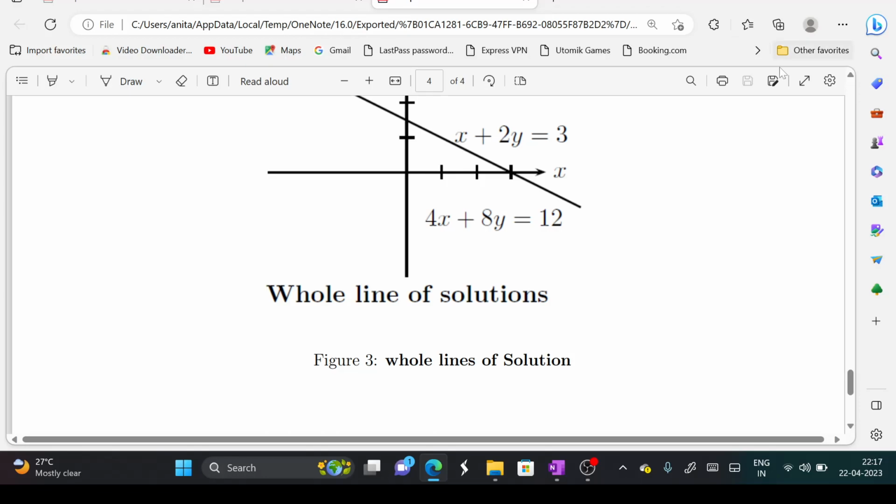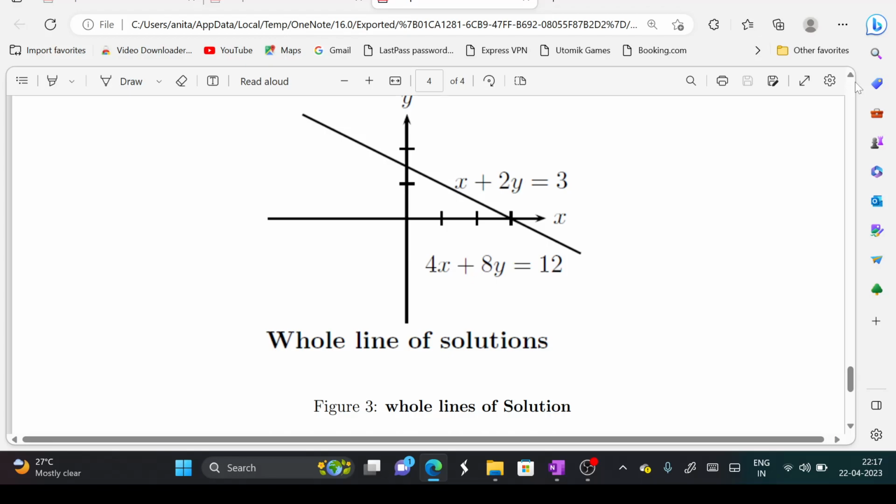Hence, both equations represent the same straight line. That means every point on this straight line is a solution. Every point on this straight line satisfies both equations, because both equations are not different from each other. So here infinitely many solutions exist.